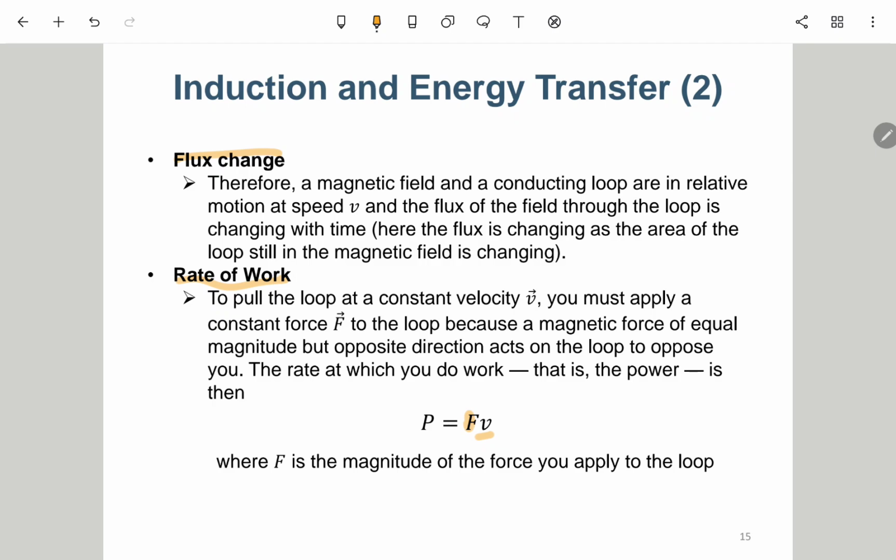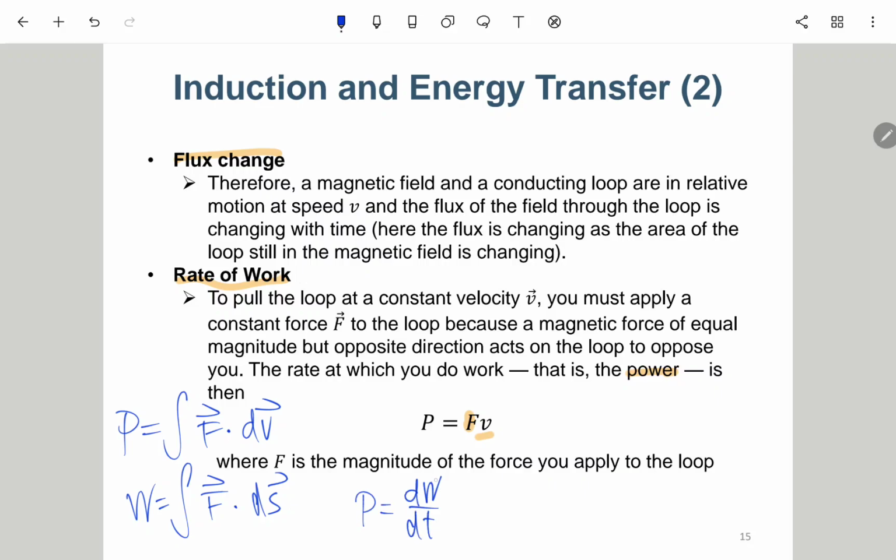So this is the rate of work, which is power. It is not work. Work is W equals the integration of F dot ds. If it is power P, then P equals dW/dt.